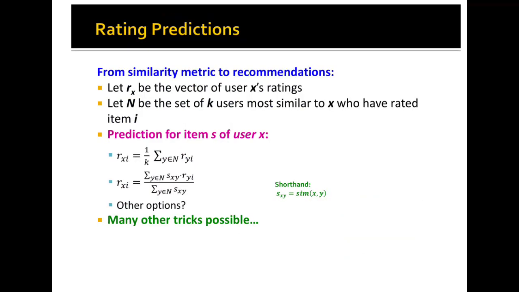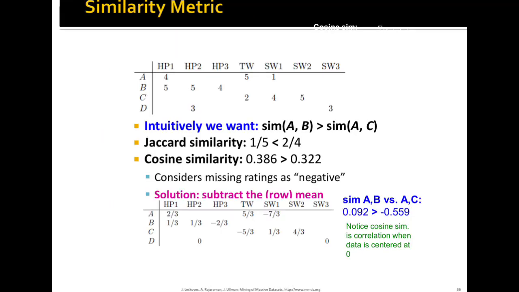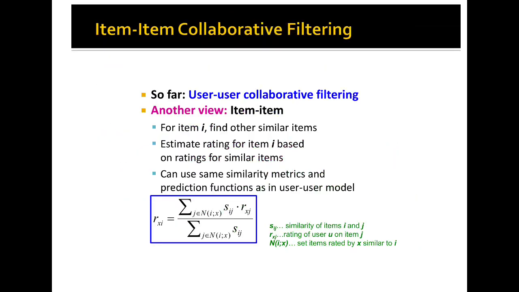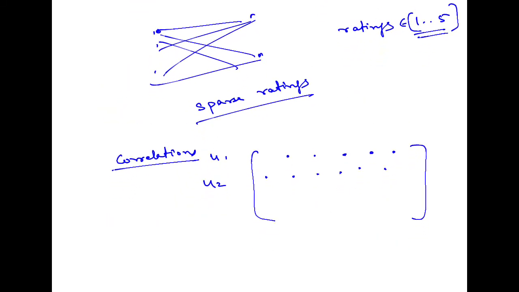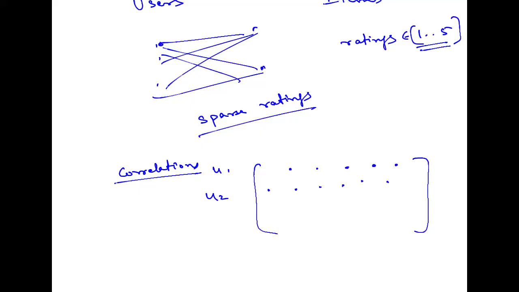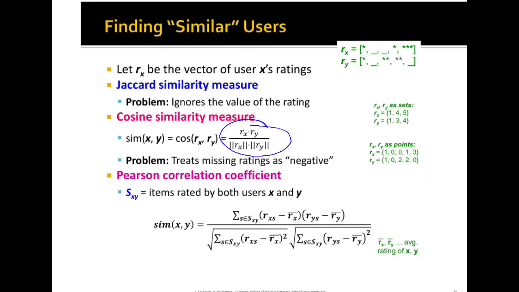Now what do you do? How do you recommend? So you find this similarity between the users X and Y. And now you want to recommend some movies for the user X. How would you recommend?